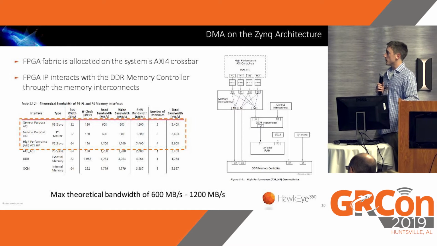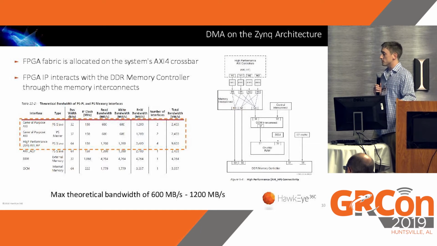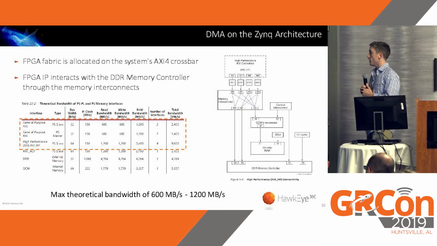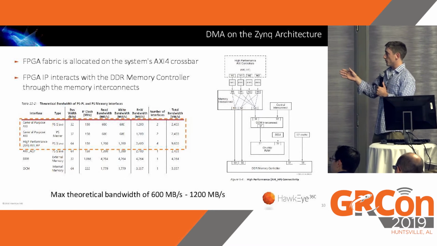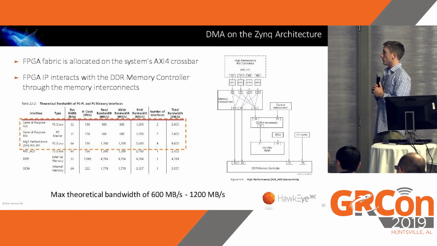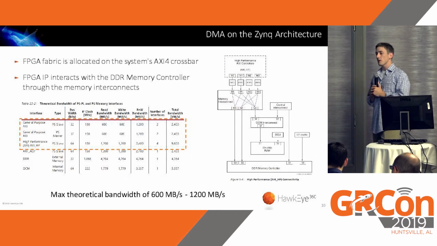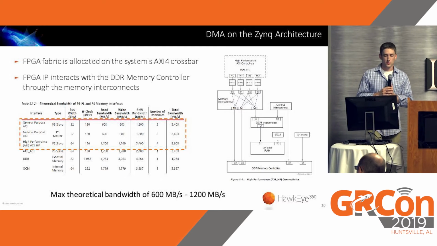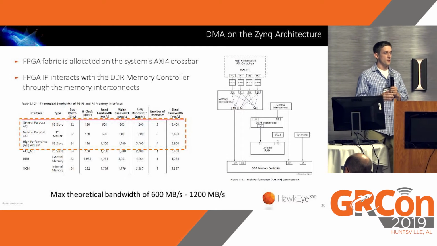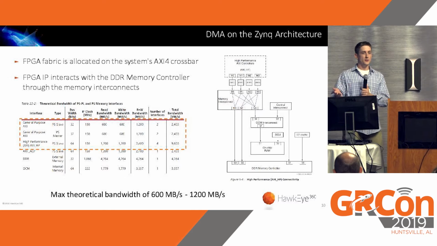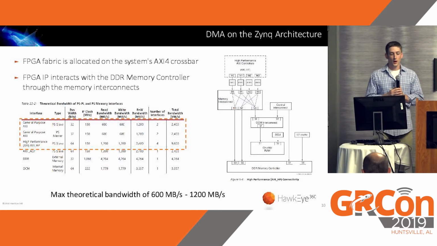You're never actually going to get there because there's overhead associated with each transfer. You have to packetize the packets that go onto this memory interconnect and the high-performance controller. So you won't quite get there. On top of that, you also need to share the controllers with other things. If you have a DMA that's accessing that and then something else, then you actually have to split the bandwidth.